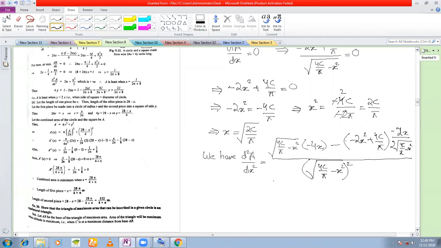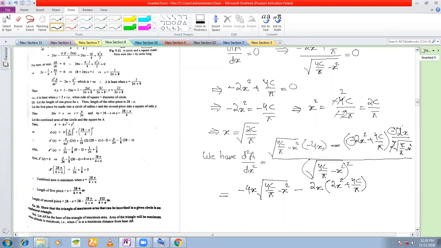Now the question is, will it be positive or negative? That is the question. Now see here, if you simplify this, what do you get? Minus 4x root 4c/pi minus x square. And here, this minus and the minus combine to give you a plus. Again, there is a minus sign here, so this minus sign remains a minus sign. Here you get minus 2x into 2x square plus 4c/pi.